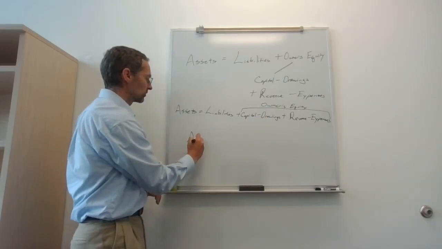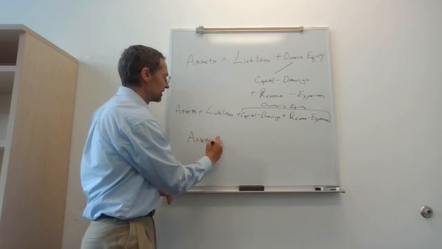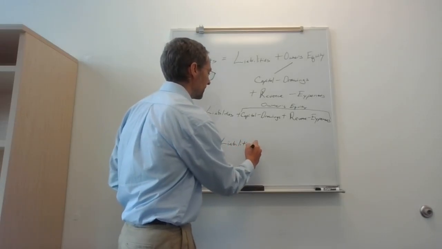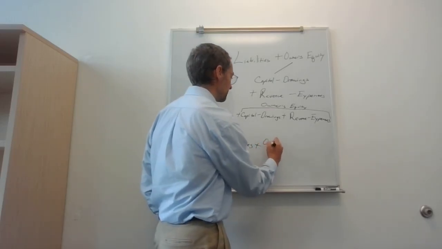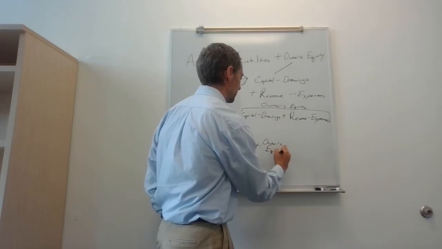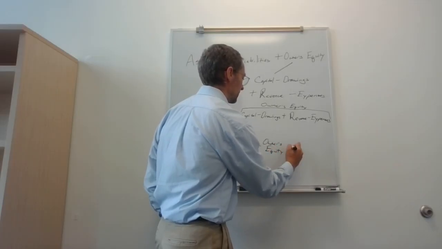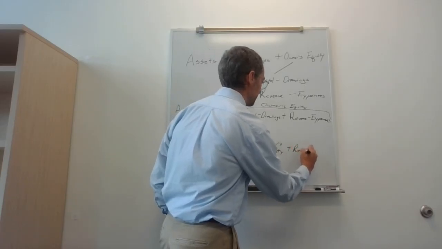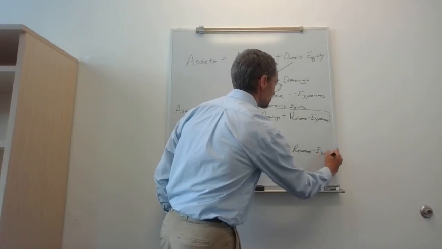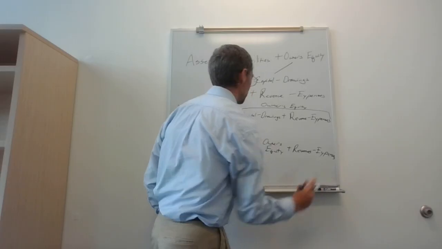So I will also do assets equals liabilities plus owner's equity plus revenues minus expenses. That's the form that I most often use when I'm talking.